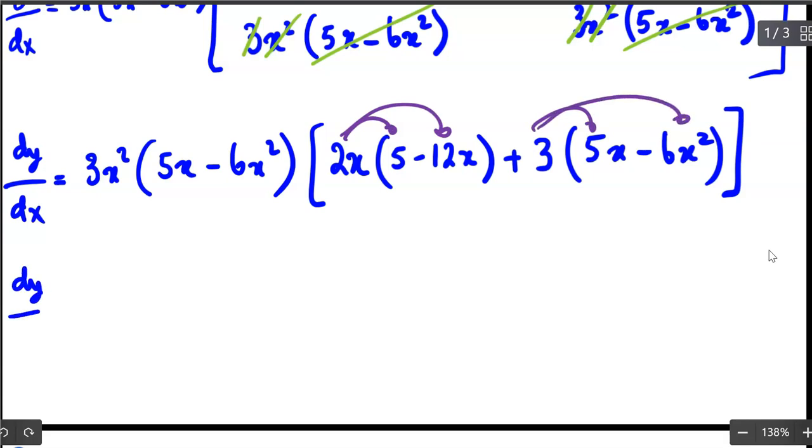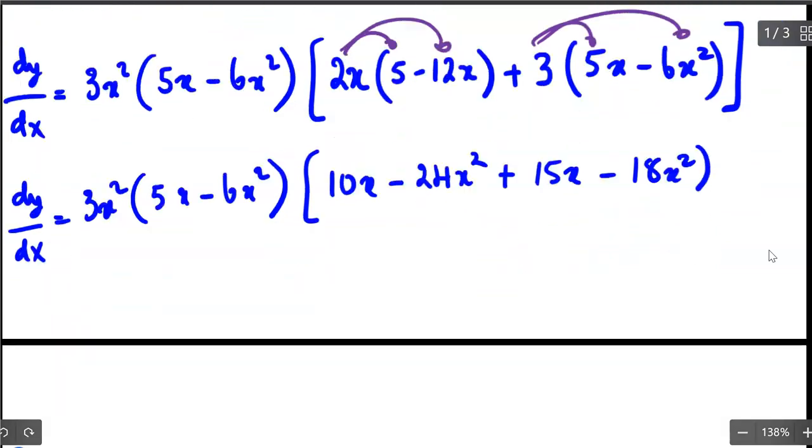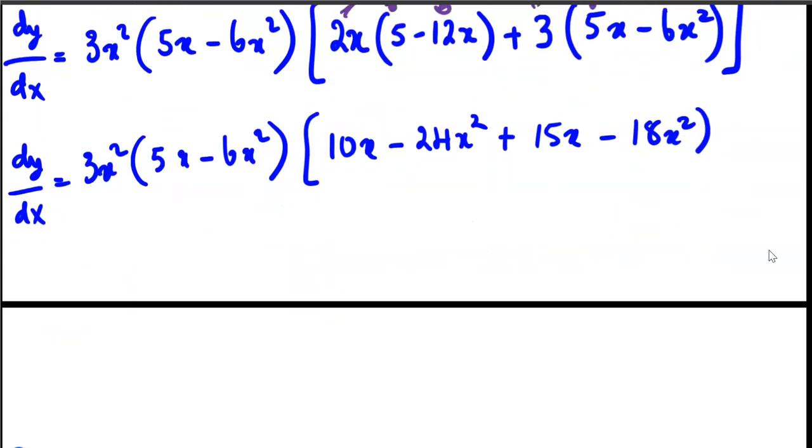So dy over dx equal to 3x squared times 5x minus 6x squared. Inside the bracket I should have 10x subtract 24x squared, plus 15x subtract 18x squared.